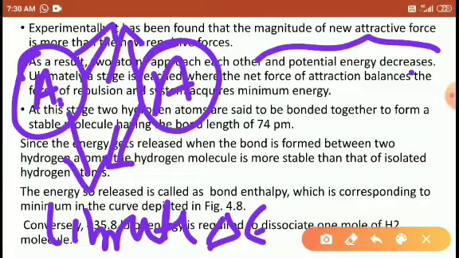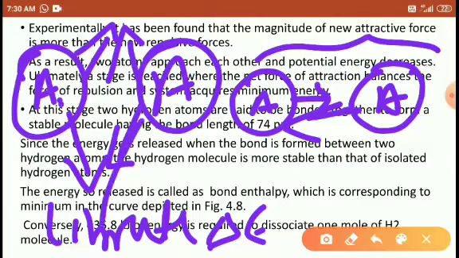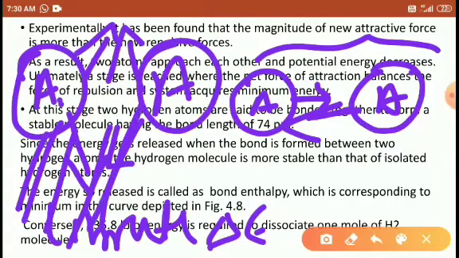How does kinetic energy increase? The atoms come closer to each other again and again. So energy is released by the atoms, meaning potential energy decreases, and they try to attract each other, kinetic energy increases, and after some time they attain a certain stage.